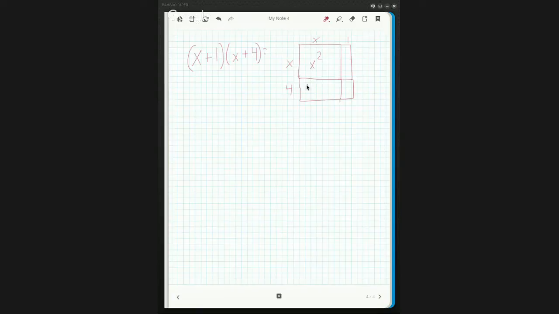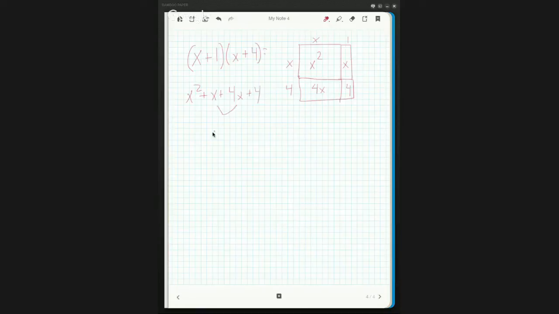This box here is x on this side and 4 on this side. That's 4x. This box here is 1 on this side, x on that side. This is an x. And this box here is 1 on that side times 4. So this is equal to x squared plus x plus 4x plus 4.